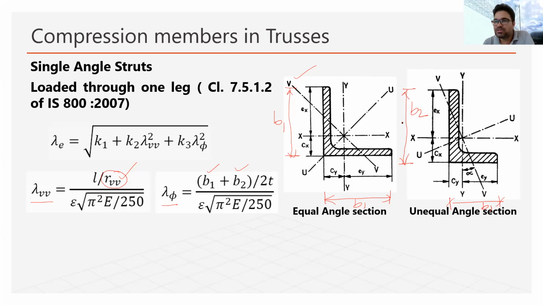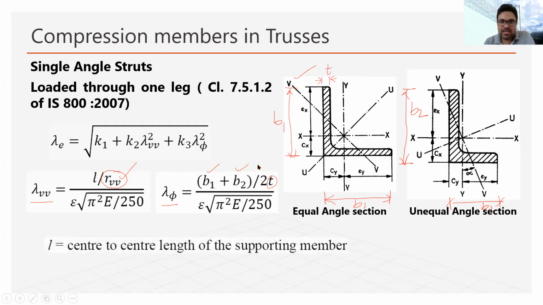So both types of angle section are considered. In case of equal angle section it will become 2B1, while in case of unequal angle section it will be B1 plus B2, and t is the thickness of the angle section. I have explained this in the next slide also. L is the center to center distance of the angle section.